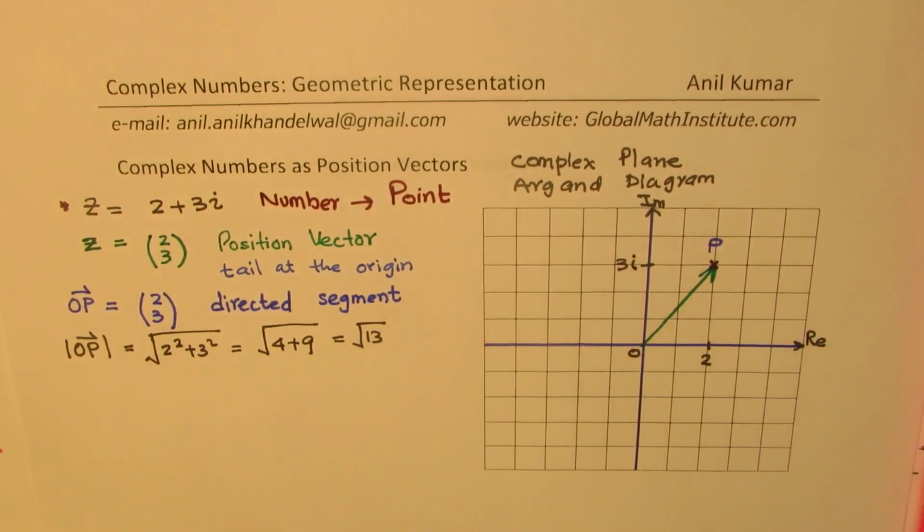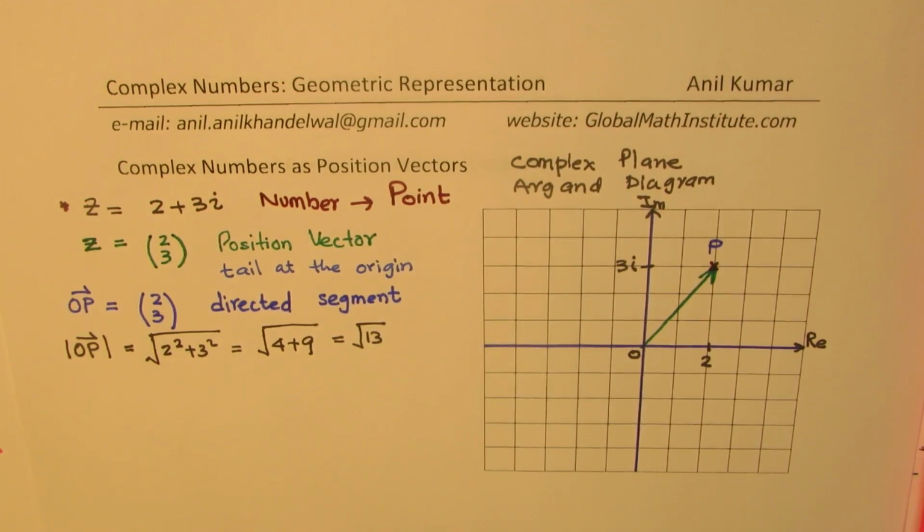So I hope that makes sense, right? Now you could represent any vector written in many different forms on a complex plane. Now let's write down a few vectors and represent them on the complex plane.